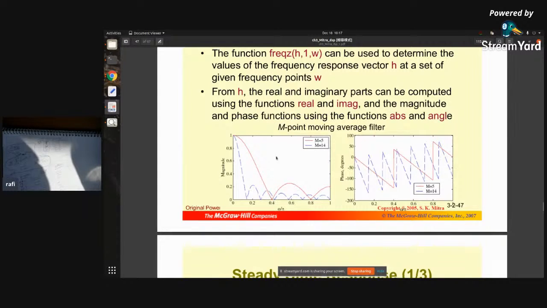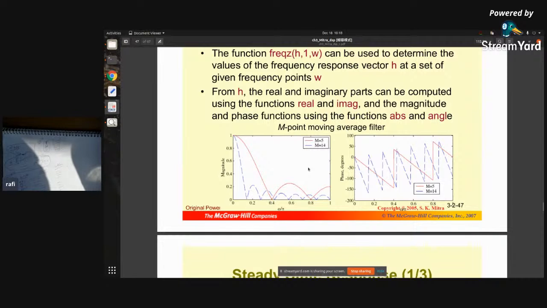So when m is equal to 14, this blue line, what filter will it act as? This is frequency and this is the magnitude. It will act as a low pass filter, but the cutoff frequency is very small here, only around 0.1.